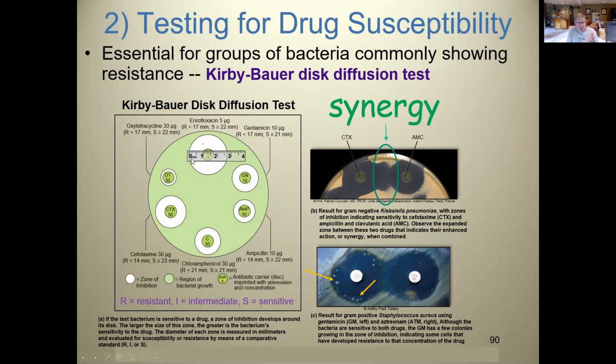And then depending upon what that distance is, you can determine whether the bacterium of interest, let's say this is E. coli, is resistant, is sensitive, or is intermediate in terms of its susceptibility to that given antibiotic.